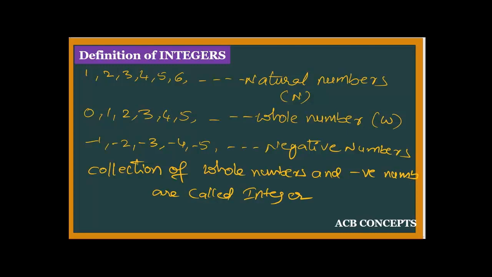Integers are represented with a letter I or Z. The natural numbers here are called positive numbers.